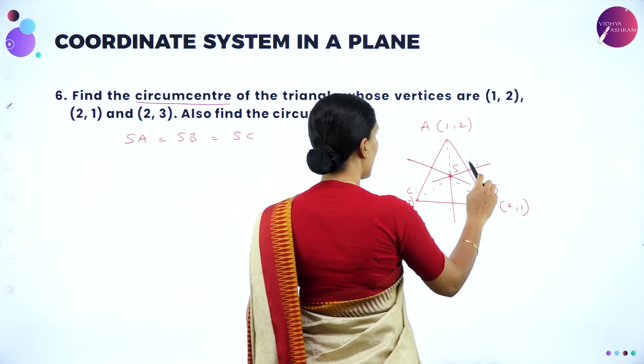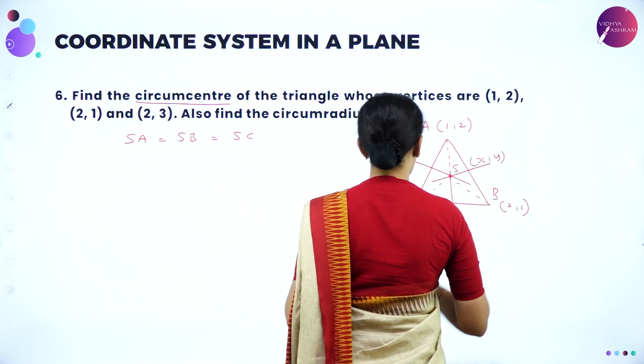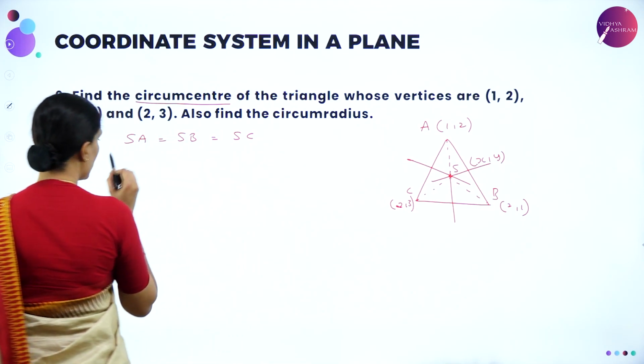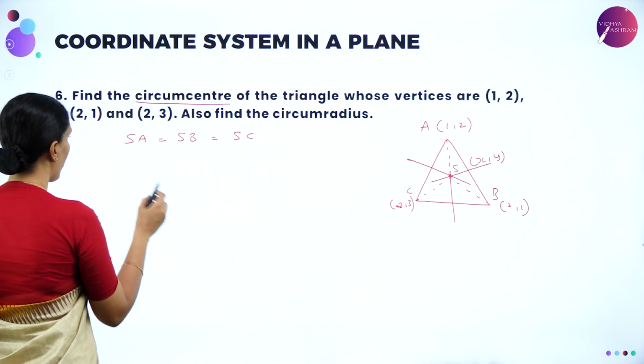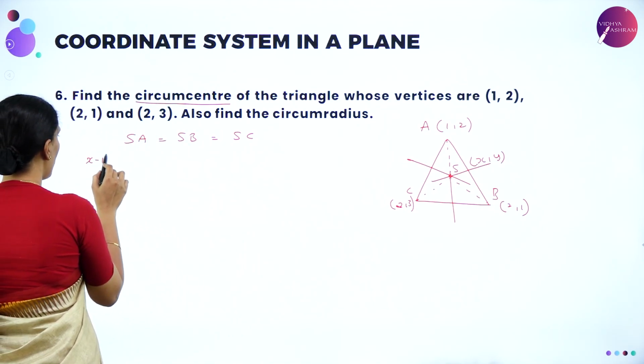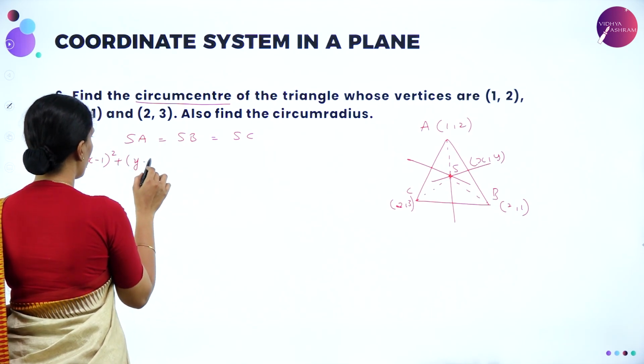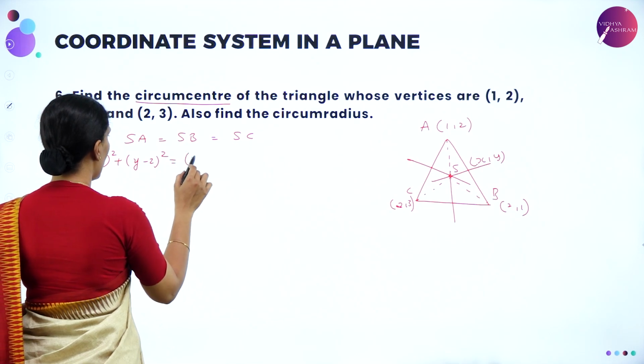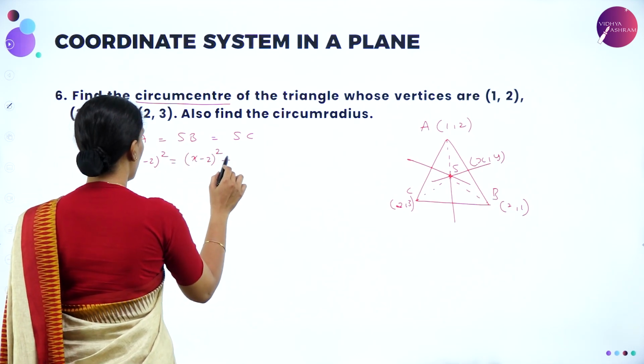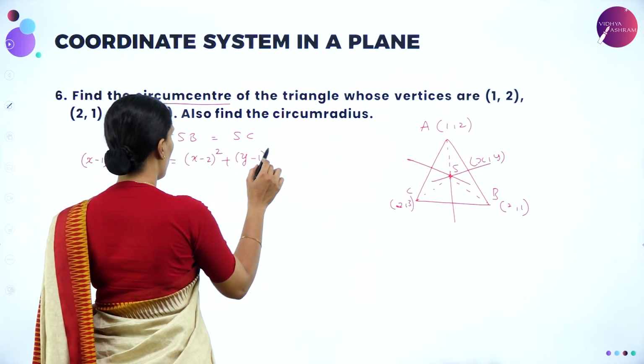So let me consider S as the point (x, y). So from the figure using the distance formula, here we can write this as (x minus 1) whole square plus (y minus 2) whole square. And here (x minus 2) whole square plus (y minus 1) whole square.